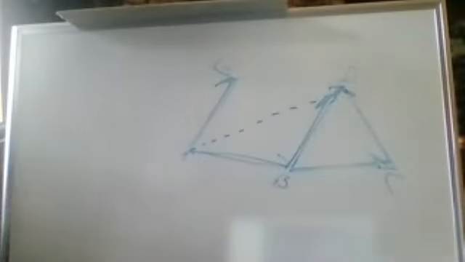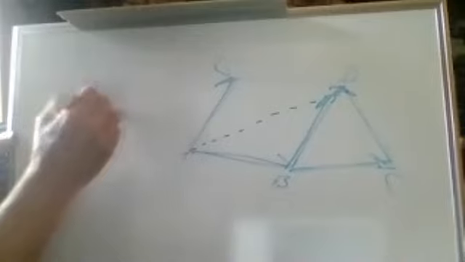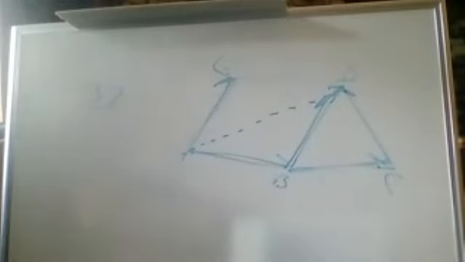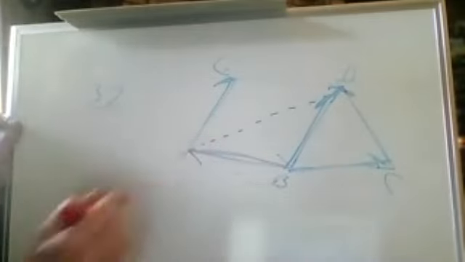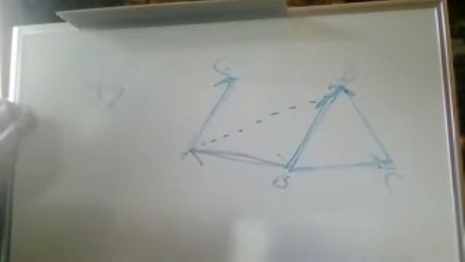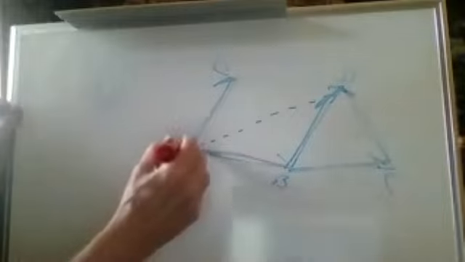All right, 37 is vector BA plus vector AE. I need to change colors here. So BA would be from here to here, and this is AE.